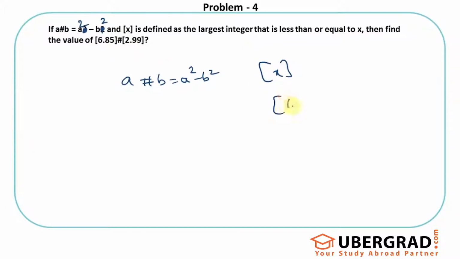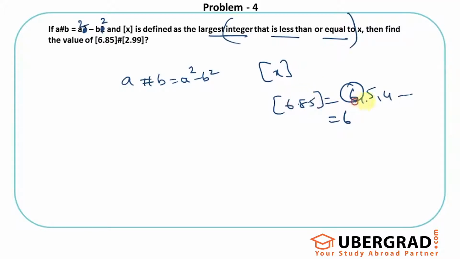So what are the integers less than or equal to 6.85? 6, 5, 4, etc. The largest will be 6, so the output is 6 for this. Similarly for 2.99, the integers that are less than or equal to 2.99 are 2, 1, 0, etc., and the largest of them is 2.